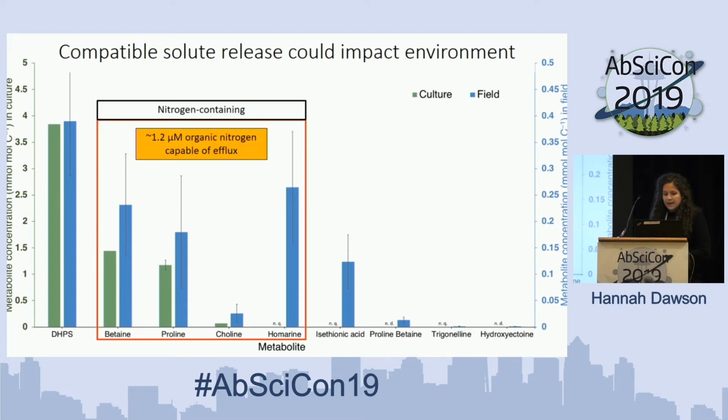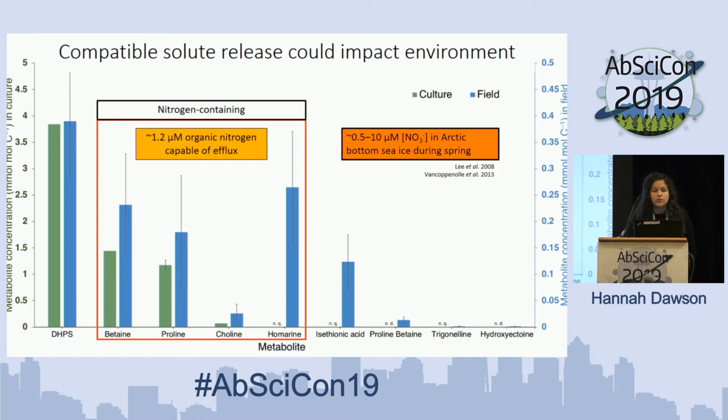So if we just take the nitrogen-containing compounds I have quantified here and pool them together, this is equivalent to around a 1.2 micromolar concentration of organic nitrogen that's capable of rapid efflux into the surrounding environment. And this is on a comparable scale to the inorganic nitrate concentrations in bottom sea ice during the spring, which are around 0.5 to 10 micromolar of nitrate. So this is a potential large source of nitrogen for this environment.